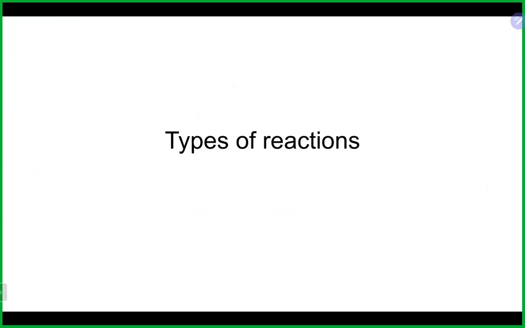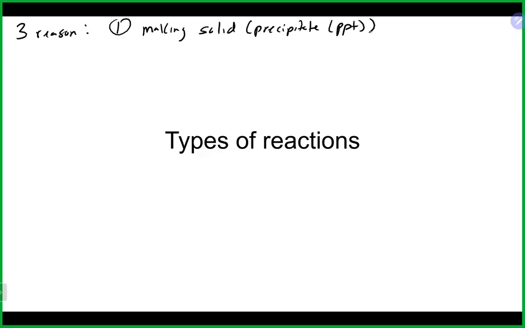Now that we know how to balance equations, let's talk about types of reactions and ways to classify reactions. So really the deal is here, there are really three reasons, as we will see, why a reaction takes place. You could almost boil it down to these three reasons as to why that particular reaction actually took place. One reason is the making of a solid, which is sometimes referred to as a precipitate, sometimes abbreviated PPT.